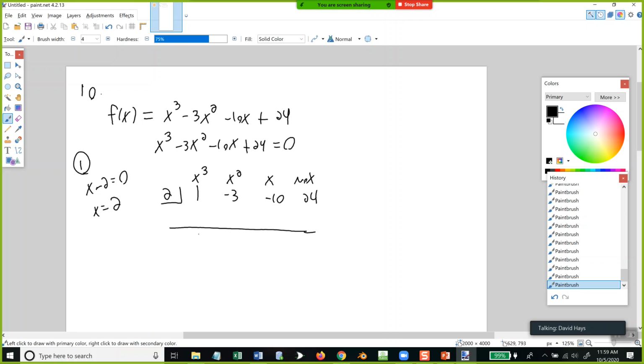I'll add 1 plus nothing is 1, multiply, 2 times 1 is 2, add, negative 3 and 2 is negative 1, multiply, 2 times negative 1 is negative 2, add, negative 10, negative 2 is negative 12, multiply, 2 times negative 12 is negative 24, add, 24 minus 24 is 0.